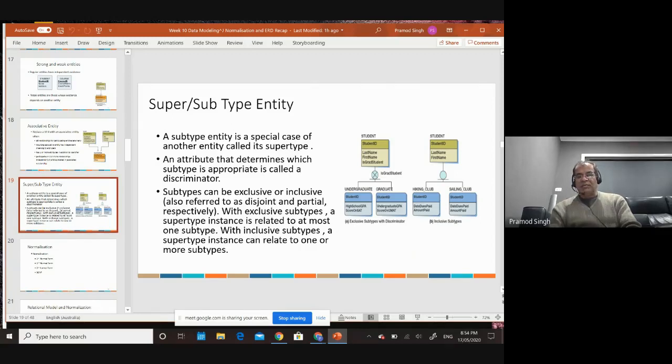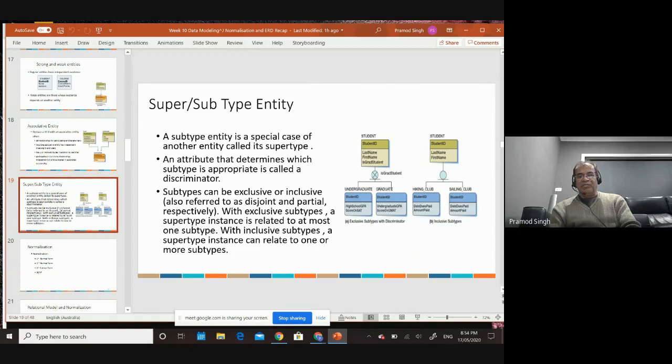So the super type can have a relationship with all subtypes. For example, on the right hand side of the diagram, a student can go to the hiking club as well as the sailing club. So it means one student can have a membership with both.